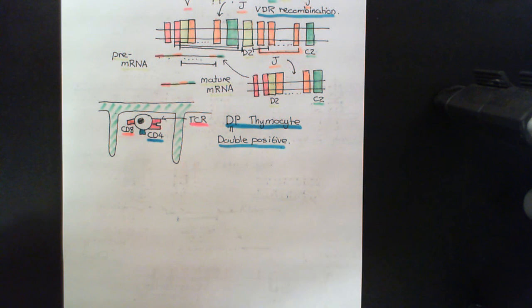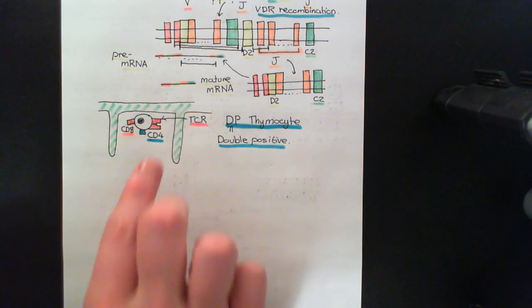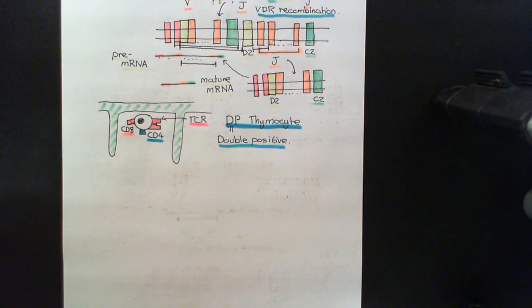Okay, so to summarize where we've got to so far, the lymphoid progenitor cell has come up to the subcapsular region. It has designed its own unique T-cell receptor that has the tip portion unique to that cell. Hopefully this T-cell receptor is going to be able to bind to MHC complexes with peptide fragments in, and because it's got its own unique T-cell receptor, it will bind and recognize a specific peptide fragment with a specific MHC molecule.